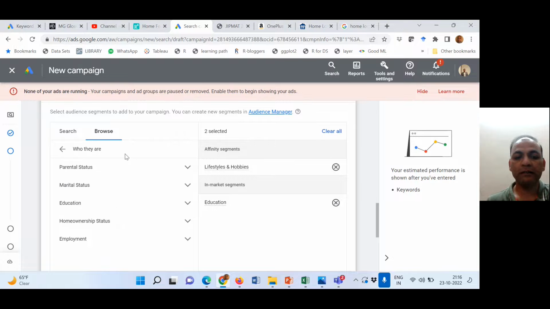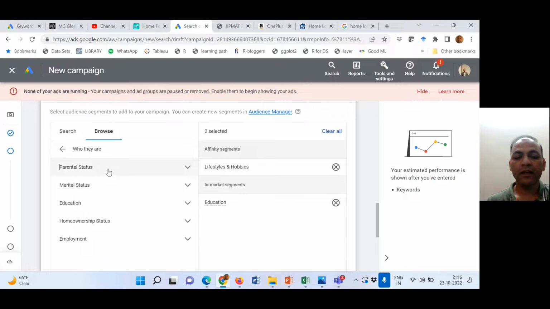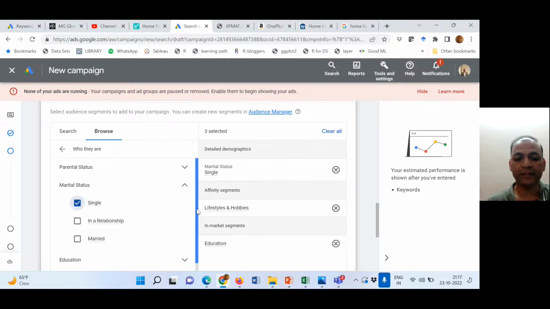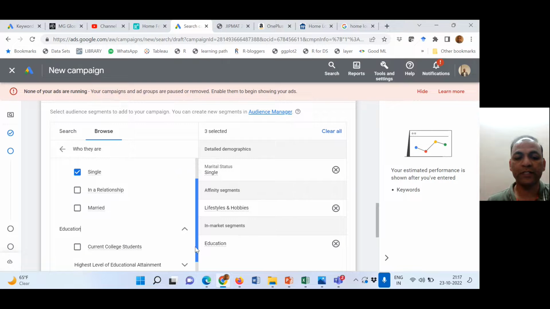Again, this will depend on what kind of consumer segments you are searching for. Here, you can look at various demographic aspects also and find out the parental status of your consumers. Our consumers are in 12th standard, so they may not be parents. They may be single or unmarried. Now, what will be their education level?